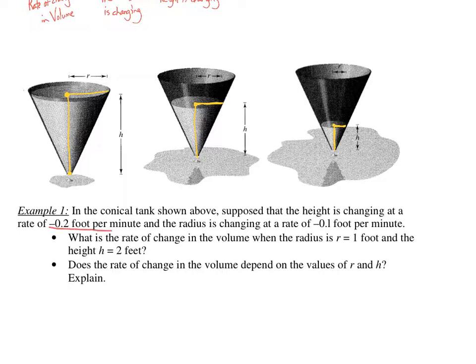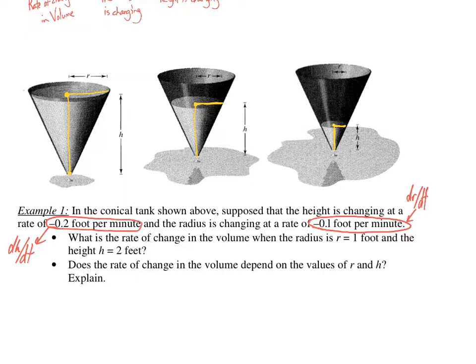That's our dh dt. And the radius is changing at a rate of negative 0.1 of a foot per minute. That's our dr dt.